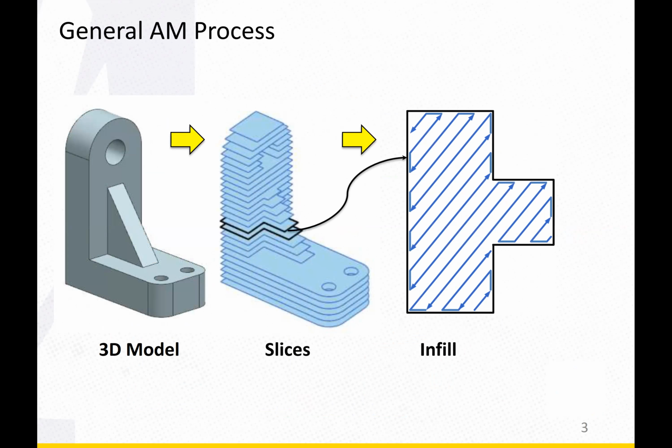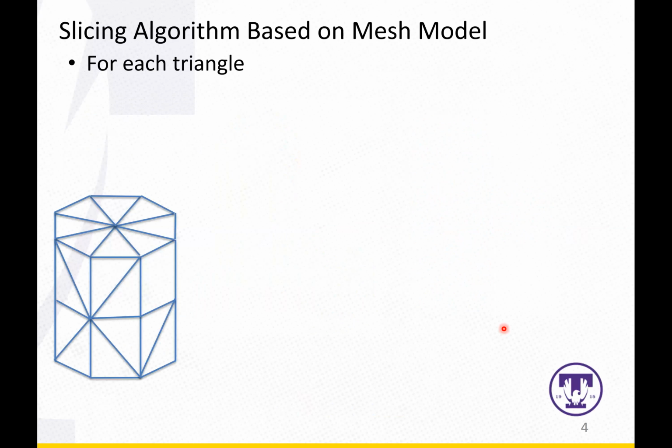You can see a 3D model can be sliced into different layers. In each layer, there will be the outer contour and also the infill, right? So let's check some details for the slicing algorithms, especially the one for the STL file.